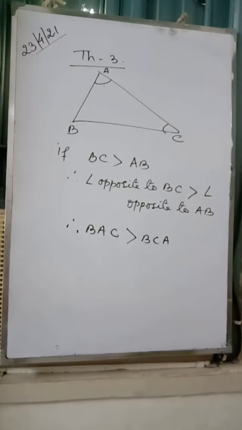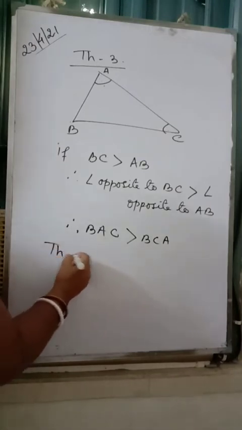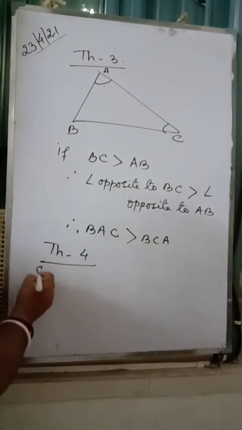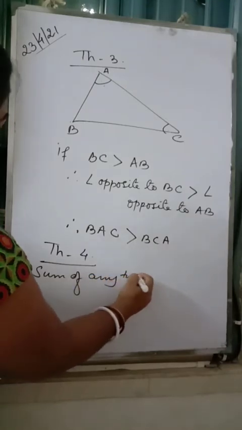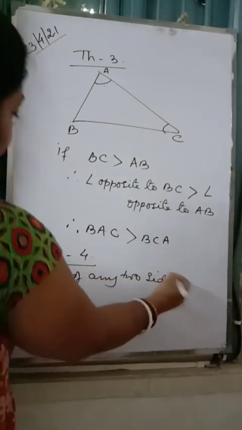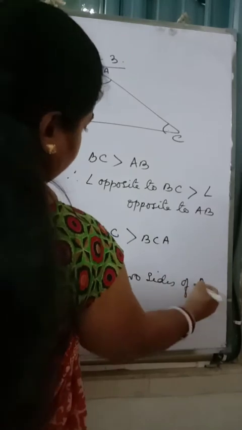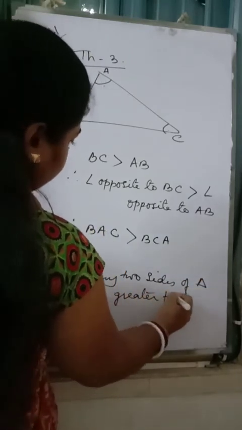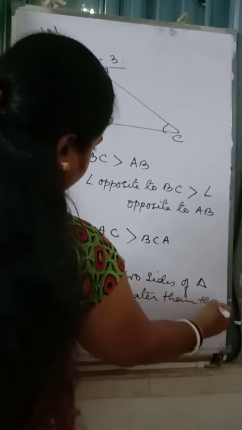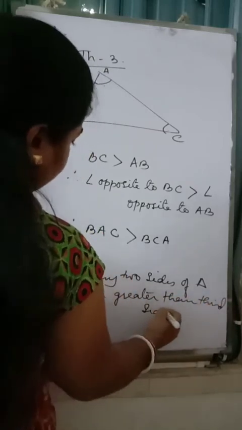Theorem number 4 says the sum of any two sides of a triangle is greater than the third side. Is it?